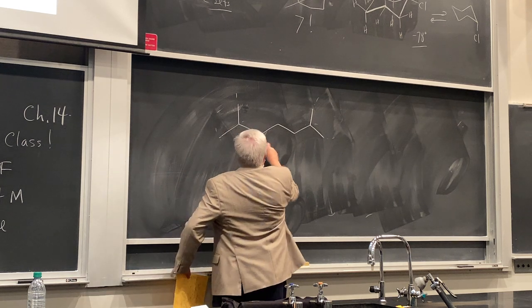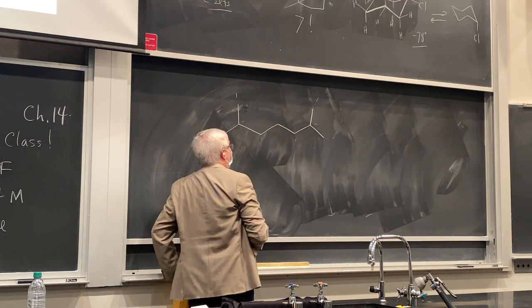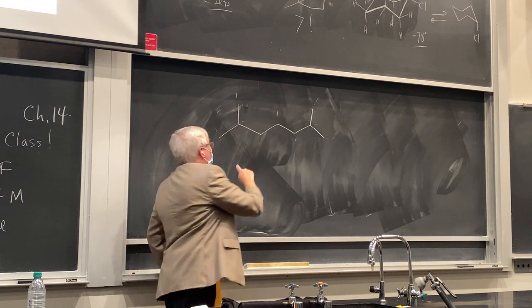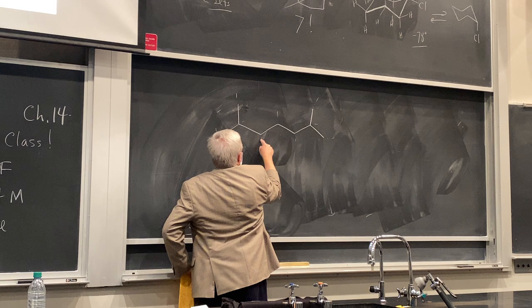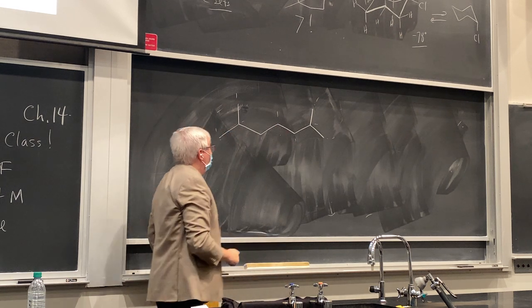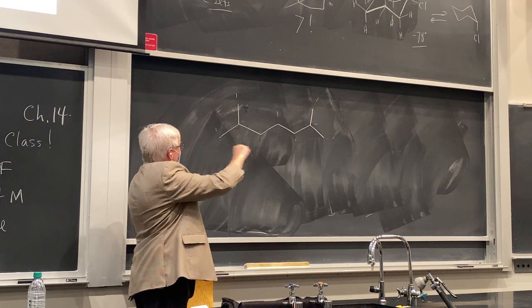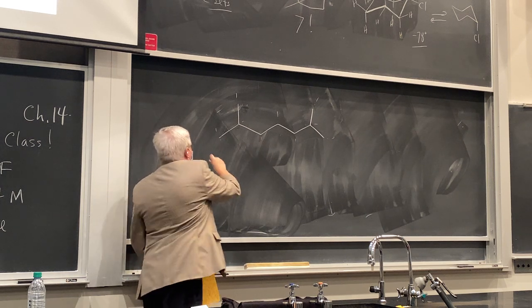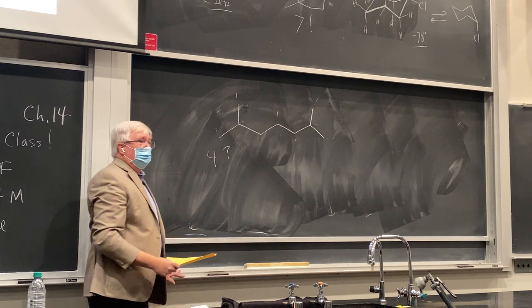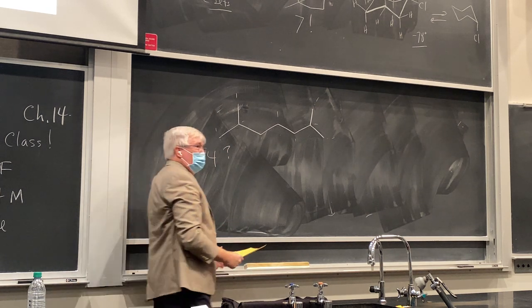And then the methylene here is another set. And it's different than that methylene right in the middle, right? It's further away from the methine. So that one's different than that one. But that one's the same as that one. So total it up. How many sets? 1, 2, 3, 4. Let me double check. Yeah, 4 sets. Okay, not too bad.